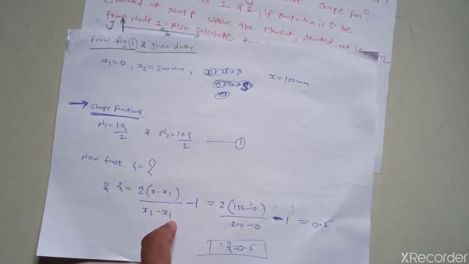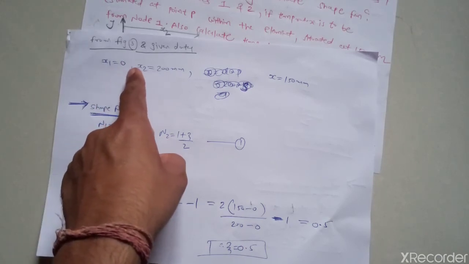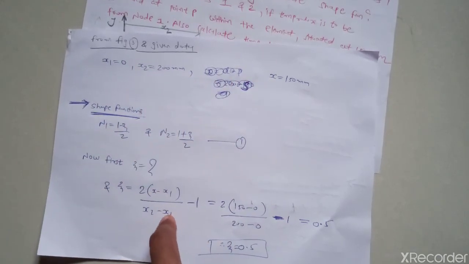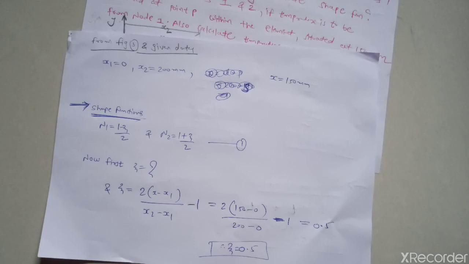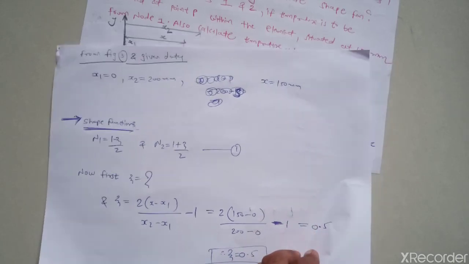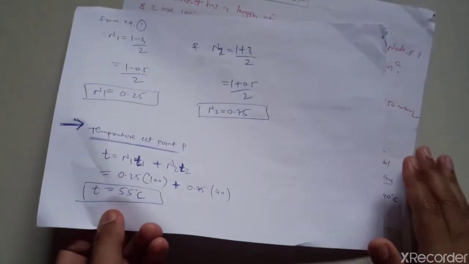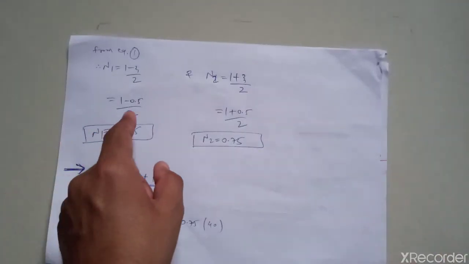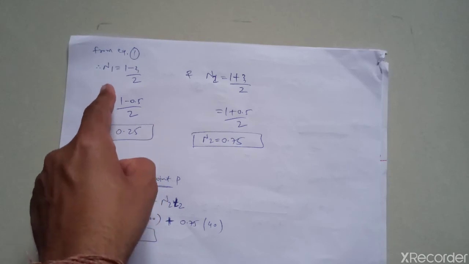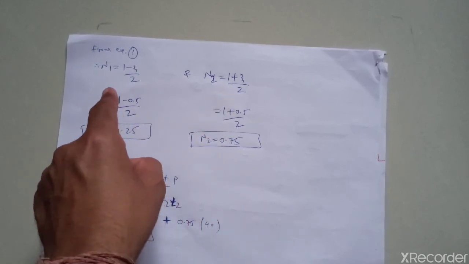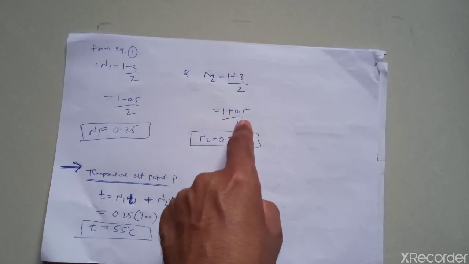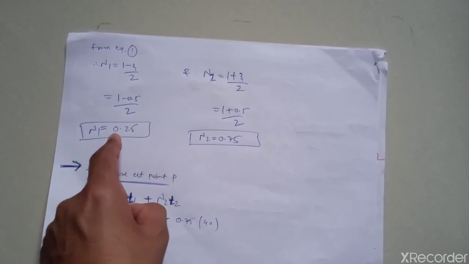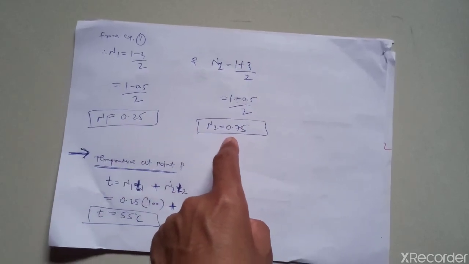We simply put the values of x1, x2 and x in this equation and we get the answer 0.5. Now using this 0.5 we find N1 and N2. We put 1 minus 0.5 by 2 and 1 plus 0.5 by 2. We get N1 equal to 0.25 and N2 equal to 0.75.